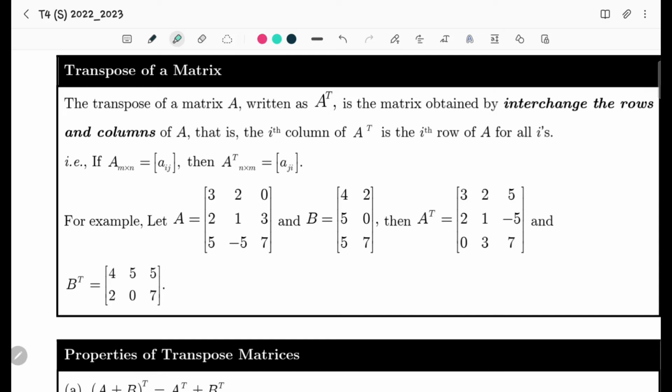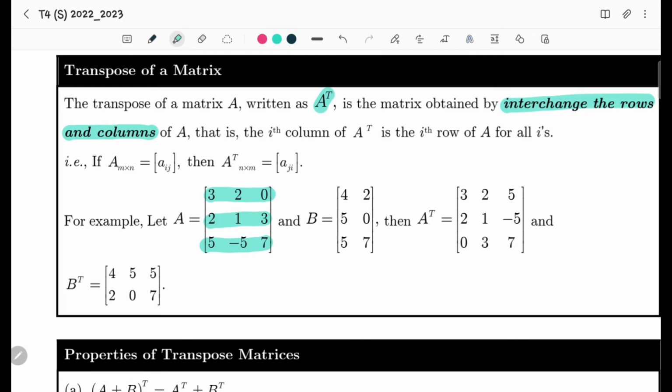Transpose of a matrix. The transpose of a matrix A, written as A^T, is the matrix obtained by interchanging the rows and columns of A. That is, the ith column of A^T is the ith row of A for all i. Okay, so for example, let A equal 3, 2, 0, 2, 1, 3, 5, -5, and 7.